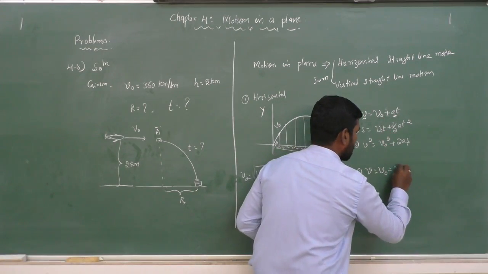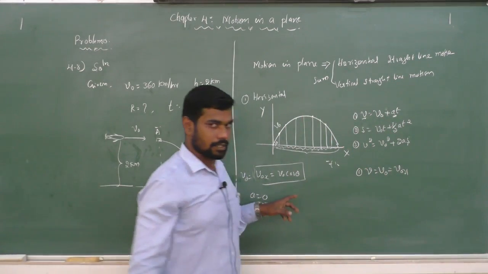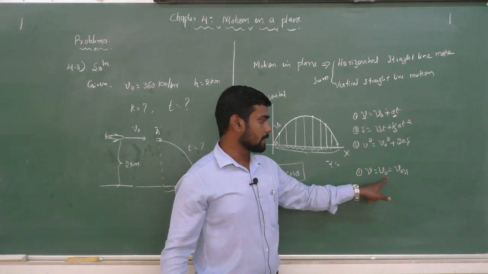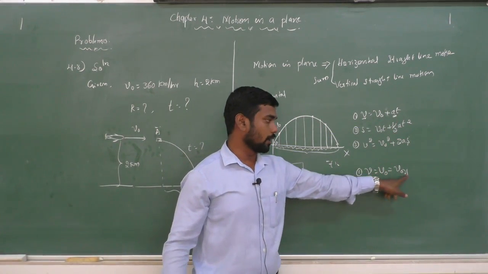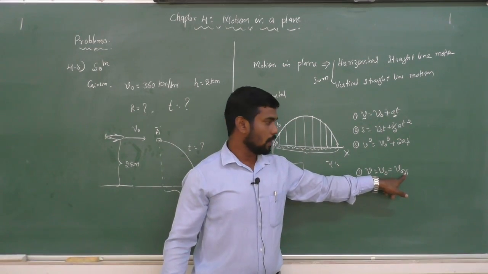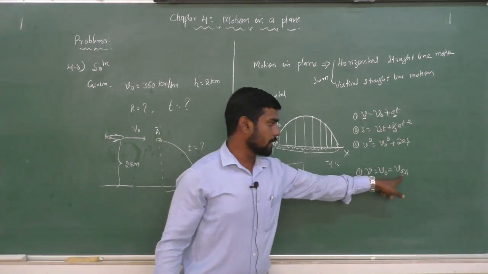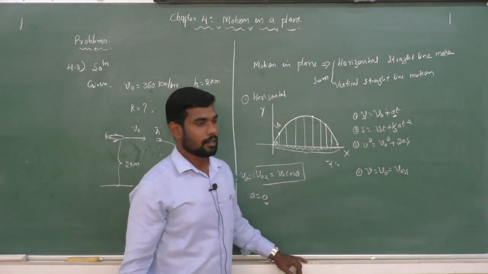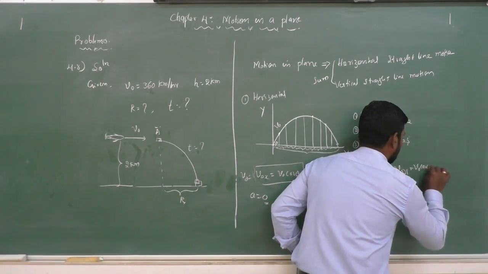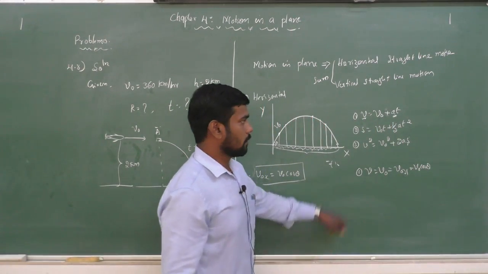Here v0 will be Vox. In this condition, the velocity at any given time t will be its initial horizontal component, the velocity of this object along the x direction, that is Vox. That value is v0 cos theta. Very important.